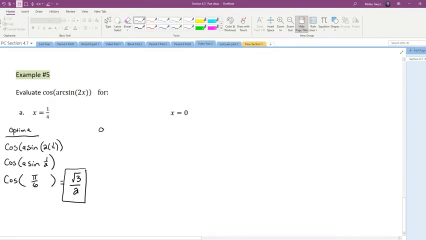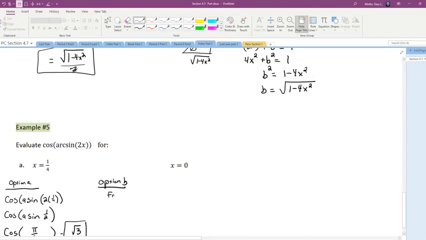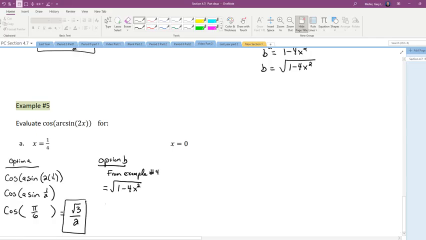Option B. Since I just asked you this question up here in example 4, from example 4, we said the answer to this question was the square root of 1 minus 4x squared. So this should mean that we have equals the square root of 1 minus 4, but what's x? It's 1/4.